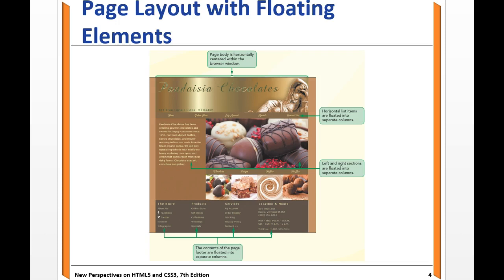Also, they have the text and color styles as well. So they want us to complete this project by designing the page layout using the CSS layout properties. Basically, this is what the output would look like.